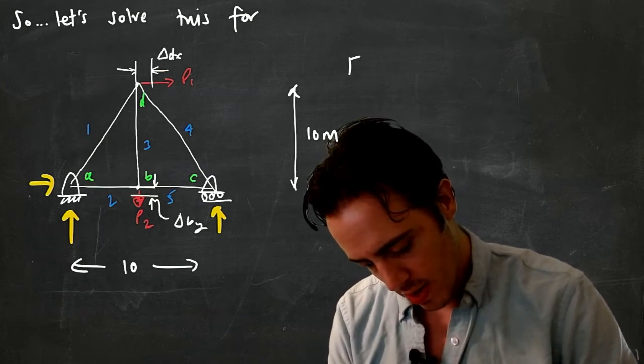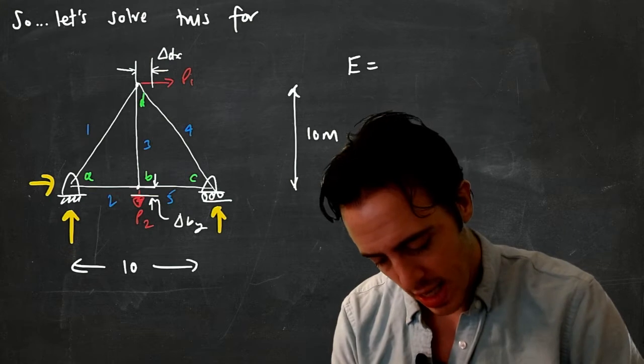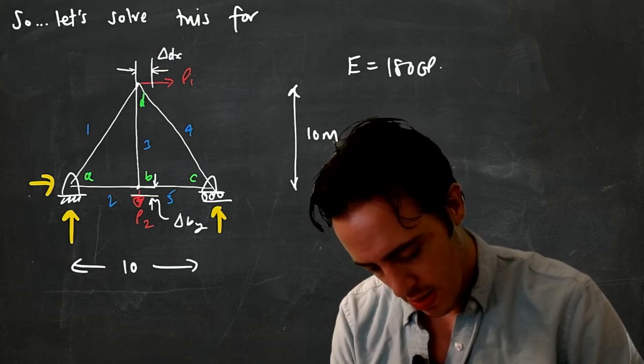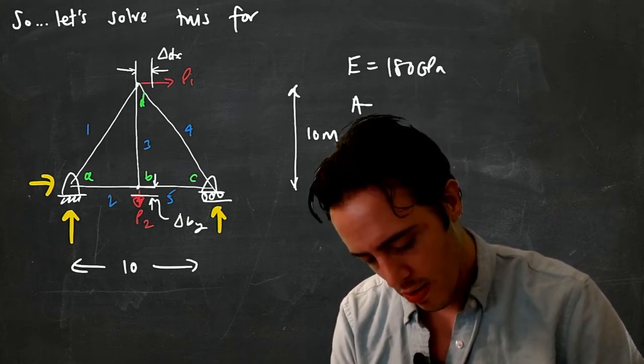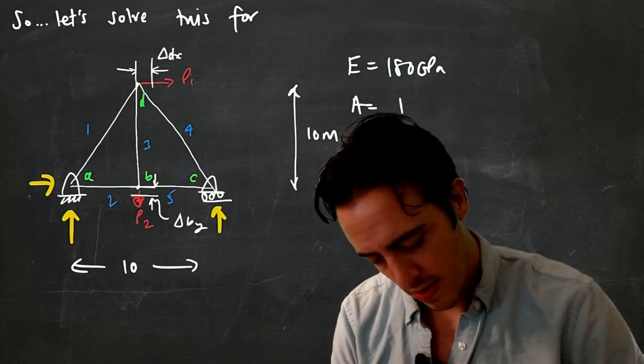Let's say we've got a Young's modulus of 180 gigapascals and a cross-sectional area of 15 centimeters.